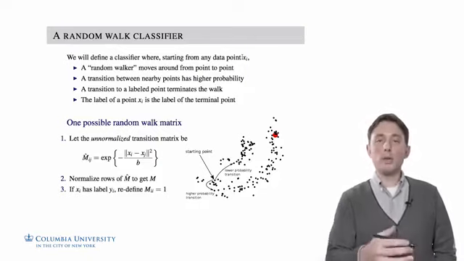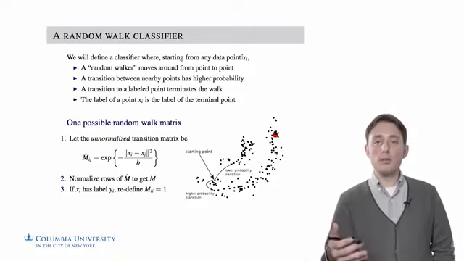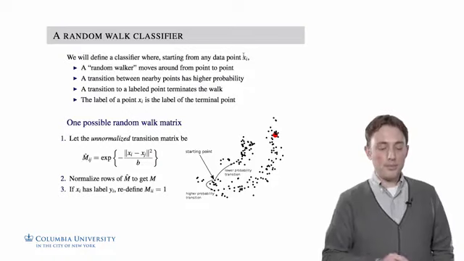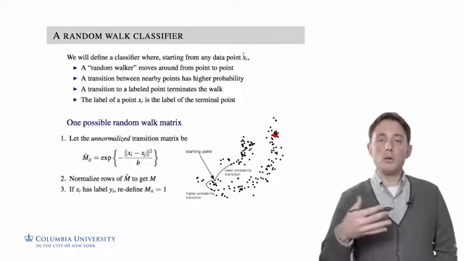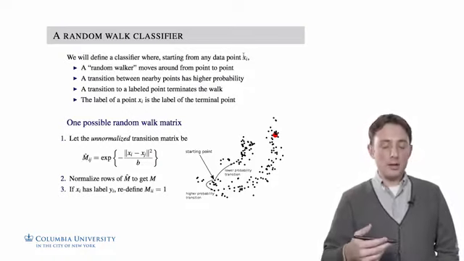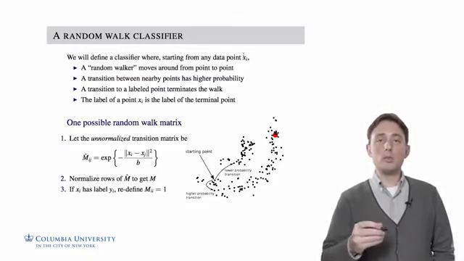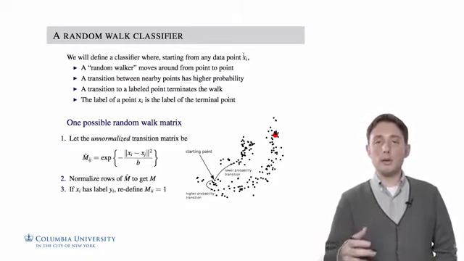So it moves from any point to any other data point according to a random walk that we have to define, but we start at the point xi that we want to label. We want to make the transition probabilities such that the probability of transitioning from any point to a nearby point is high, and the probability of transitioning from any point to a point that's far away is very low.